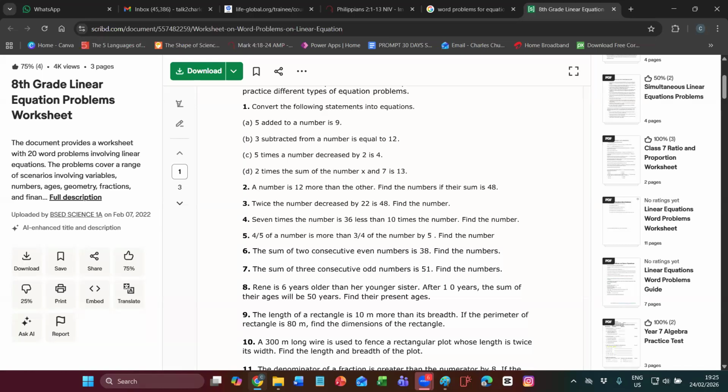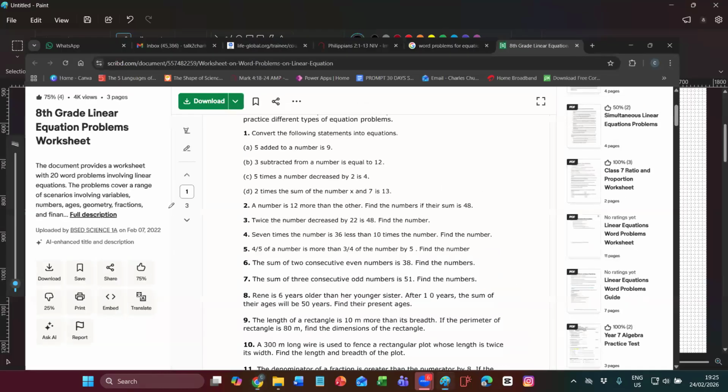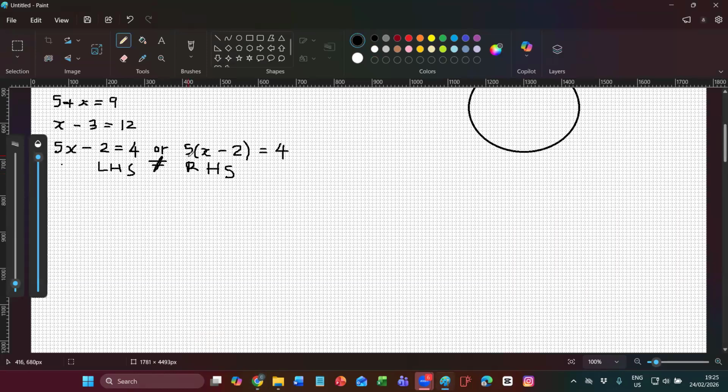What I'm thinking now, given the way they expressed this last one, is that if they wanted to clear the ambiguity in this second one that I said, the question could have been: 5 times the difference between x and 2 is 4.